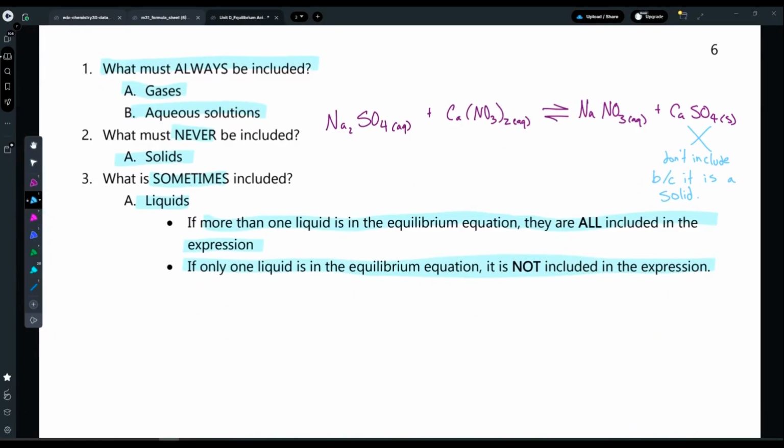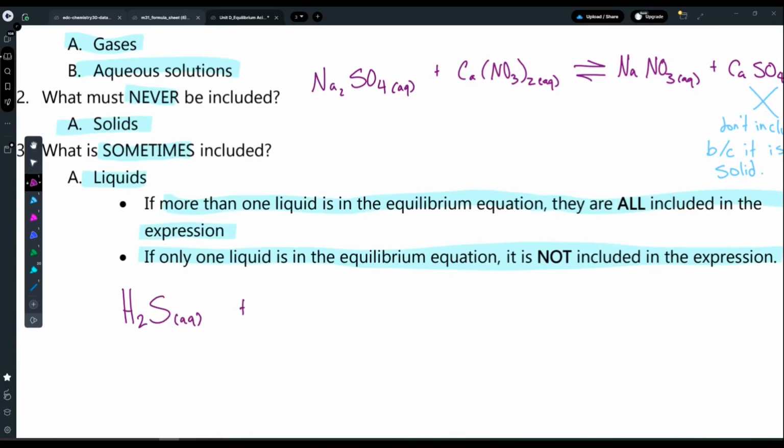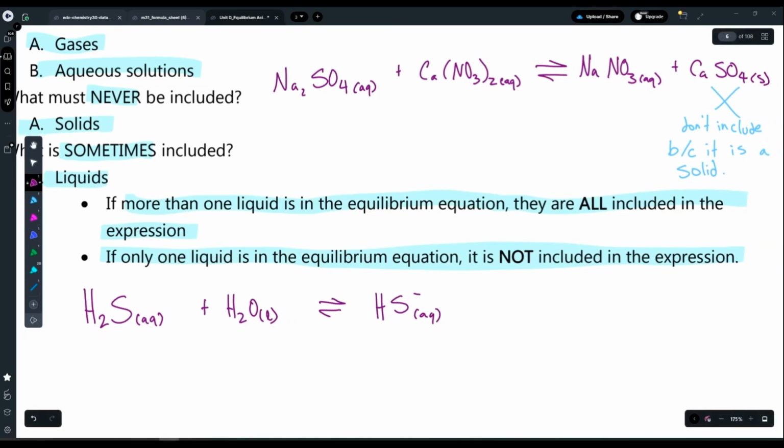Okay, let's do another example here. Let's say we had H2S aqueous plus water as a liquid is in equilibrium with a hydrosulfide ion plus hydronium.